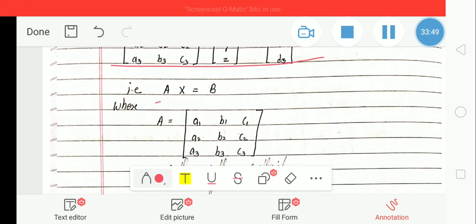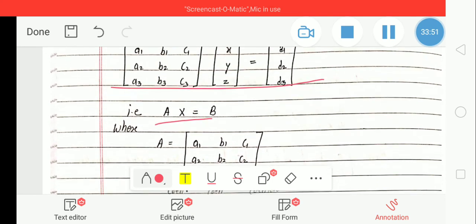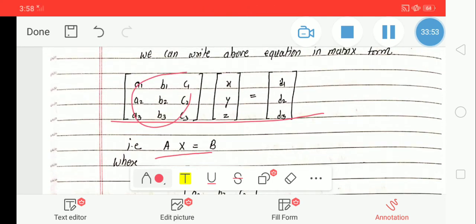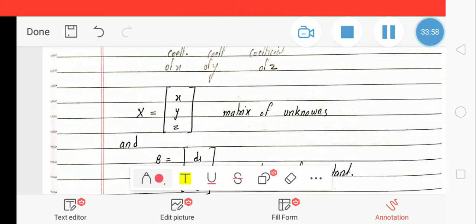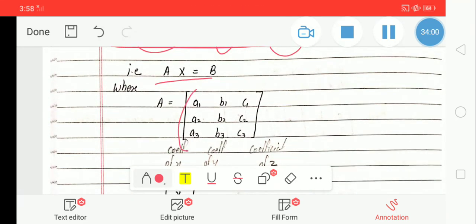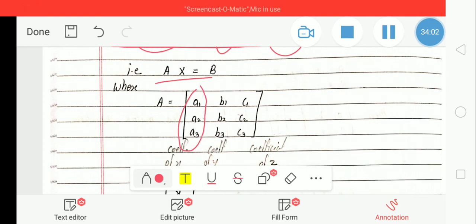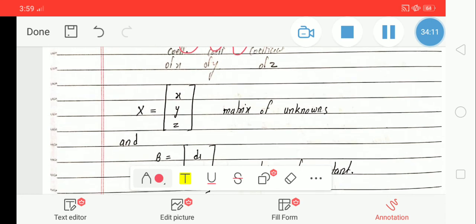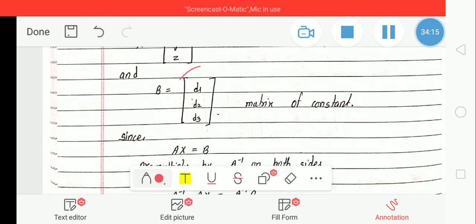So this is AX is equal to B. This matrix is A, this matrix is X, and this matrix is B. Here the first column is the coefficients of x, the second column is the coefficients of y, and the third column is the coefficients of z. Now this X is a column matrix and the constants form the B matrix.